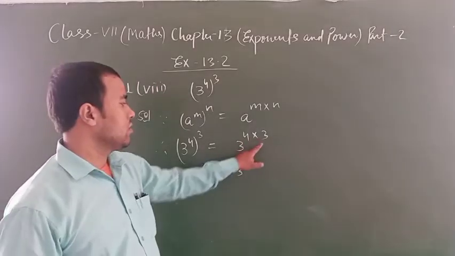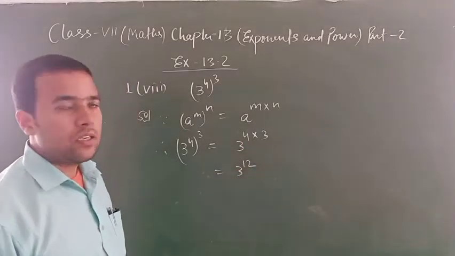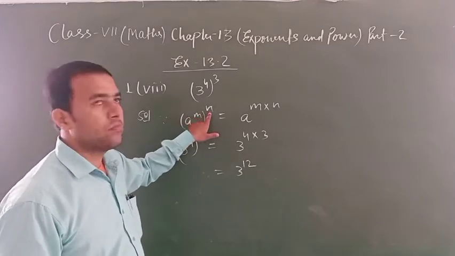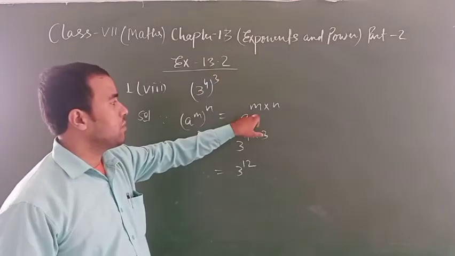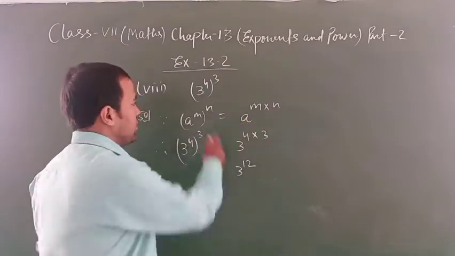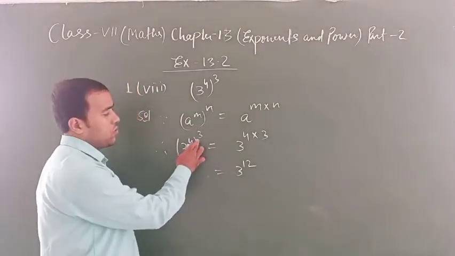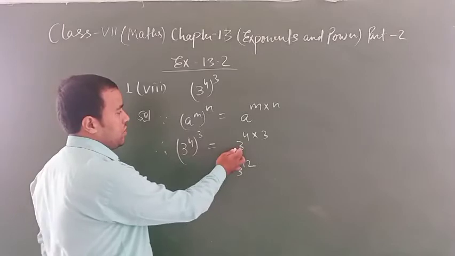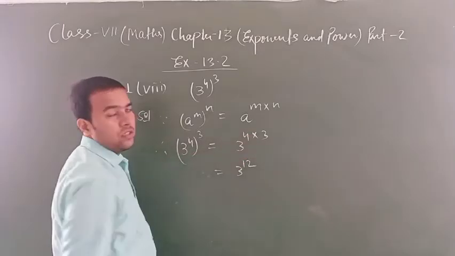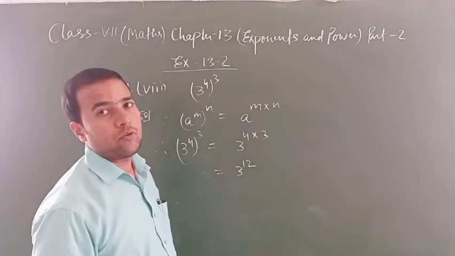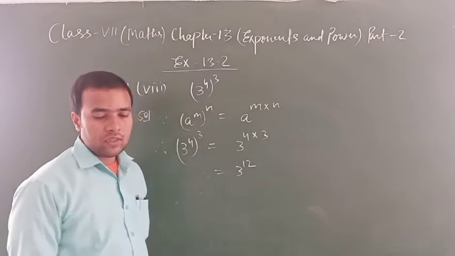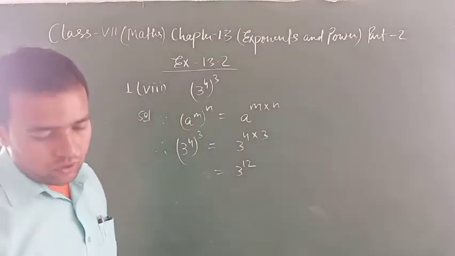Power of a power means we can multiply the powers. Clear? 4 times 3 is 12. It was the first question.